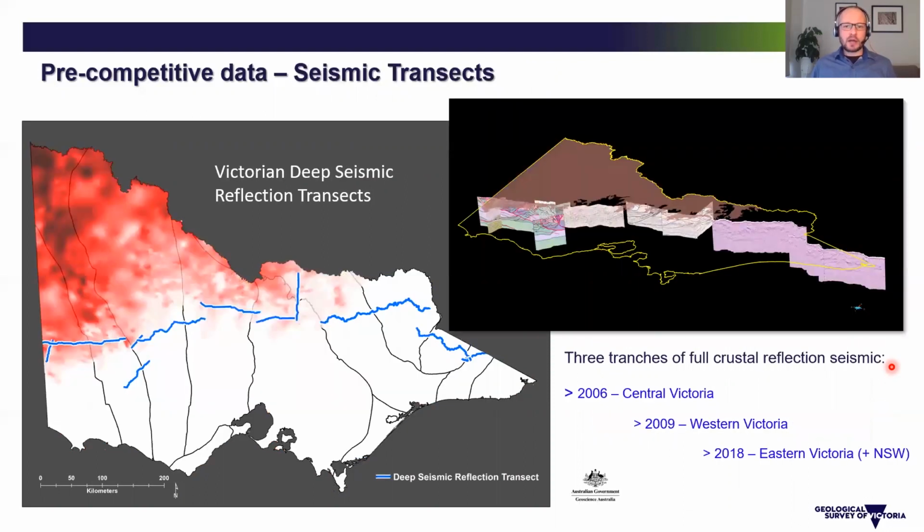We also have a full crustal transect, east-west transect across the state that gives us great information about the third dimension. So with depth, we can correlate the seismic interpretations with the surface mapping and surface outcrops. So again, been really great in trying to understand the evolution of the state and the geology.